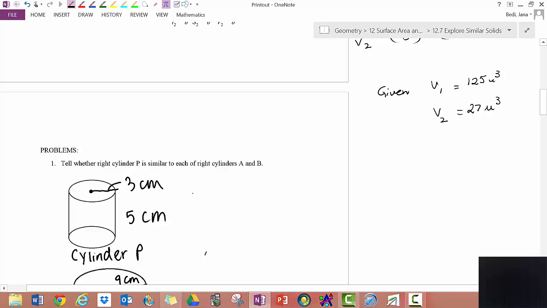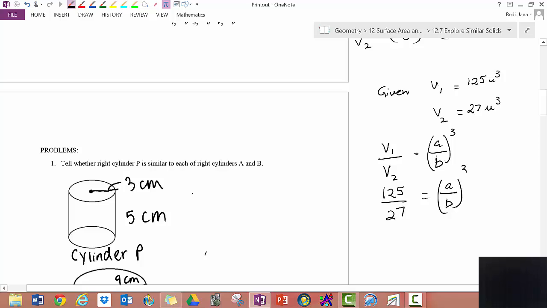You want to find the scale factor. So what you would do is V1 over V2 is equal to A over B cubed. So you go ahead and plug the numbers in. 125 over 27 equals A over B cubed.